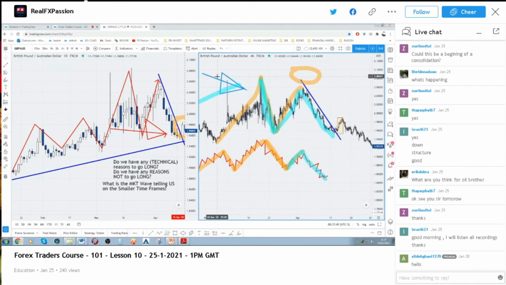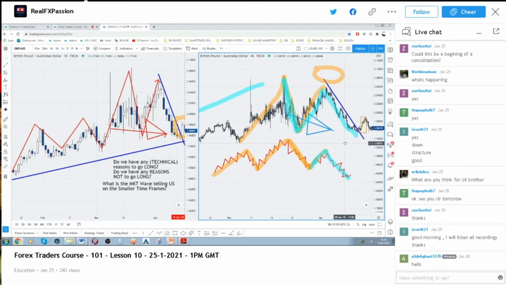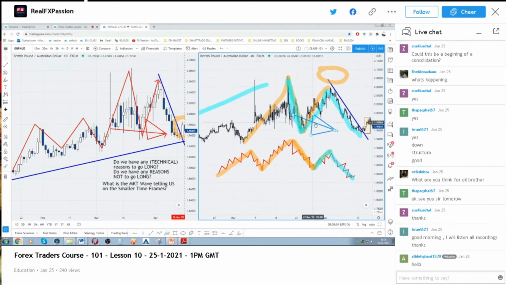But then, because we didn't have a higher high up in here, we see the change. We are seeing the change in the short-term trend: lower lows, lower highs. We would see that the up market wave just changed from an up market wave to a down market wave. Okay, and what is the logic behind this?